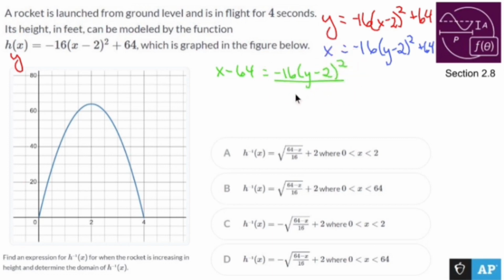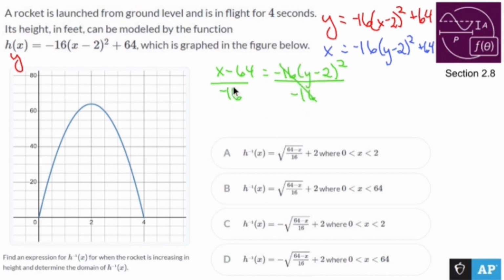Divide both sides by negative 16. And when you do that, I'm going to be a little clever here. I'm going to change this into negative x plus 64 and positive, flipping all the signs because I'm dividing by a negative.